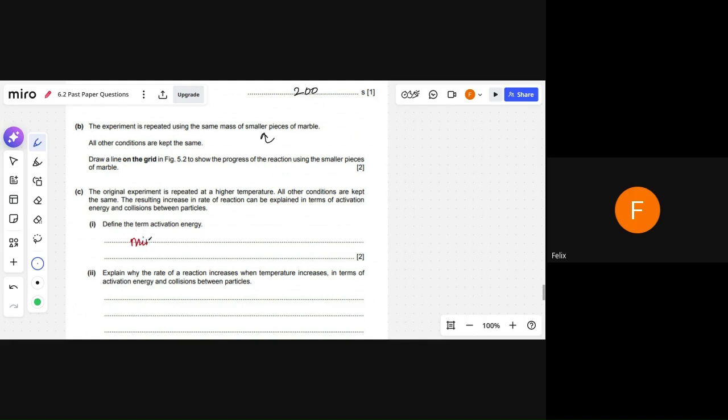So the minimum energy required for reacting particles, or colliding particles, right?